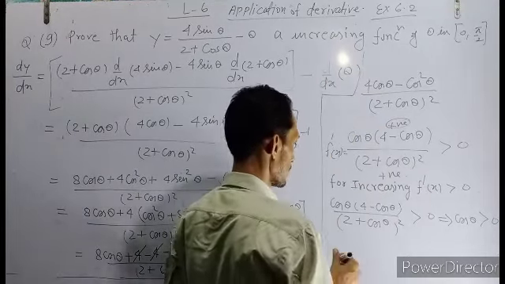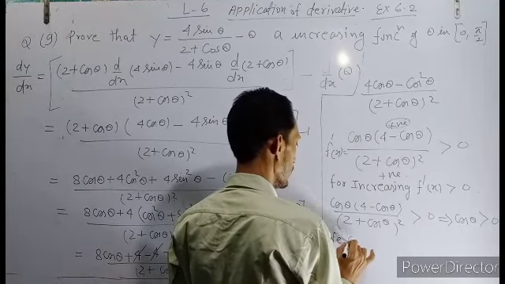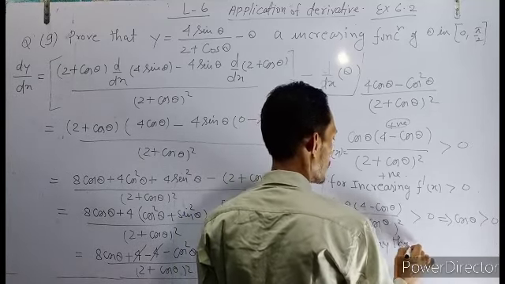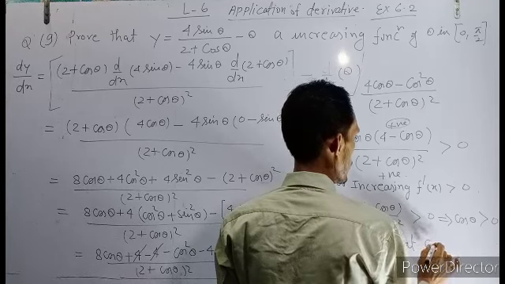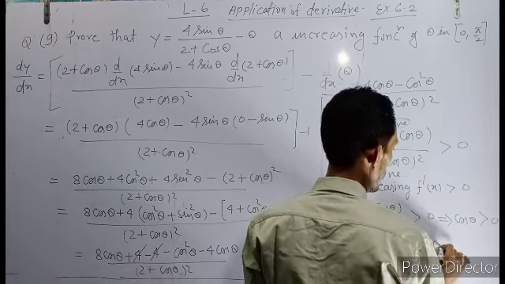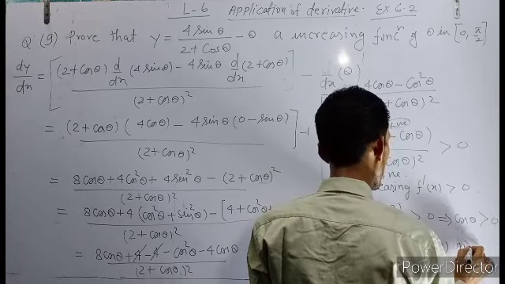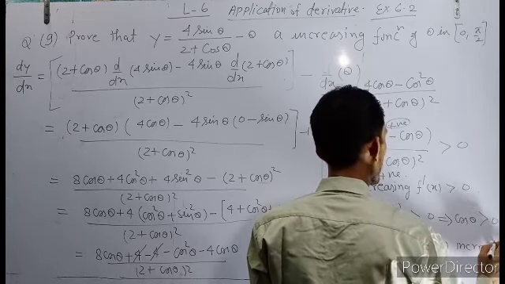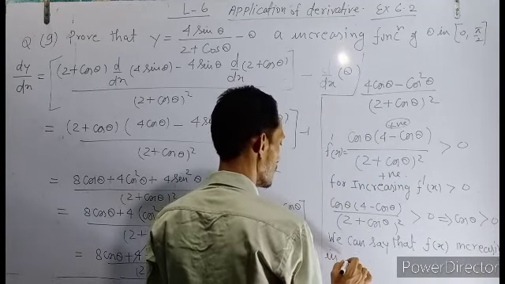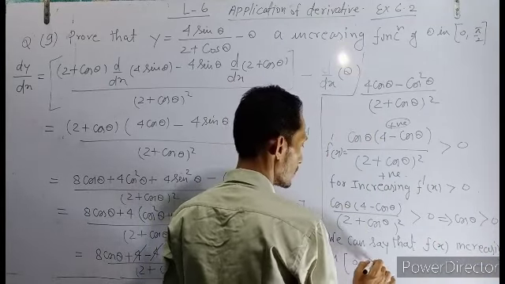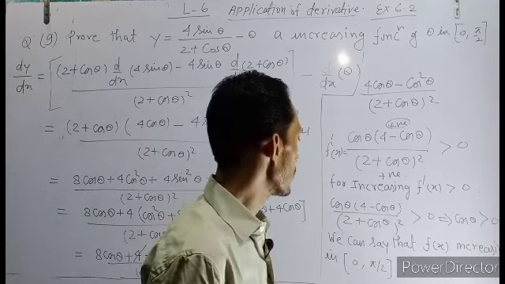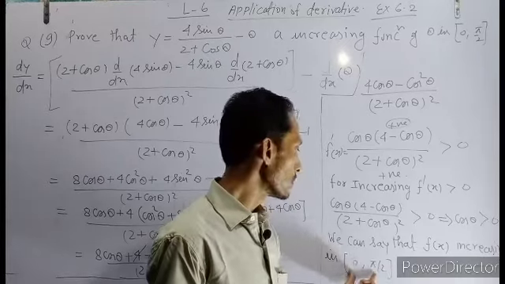So we can say that f of x is increasing in 0 to pi by 2, since cos theta is always positive in the interval 0 to pi by 2.